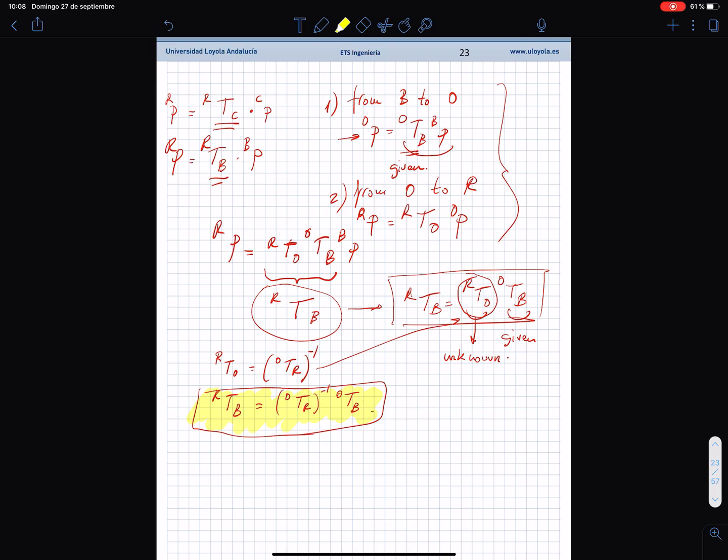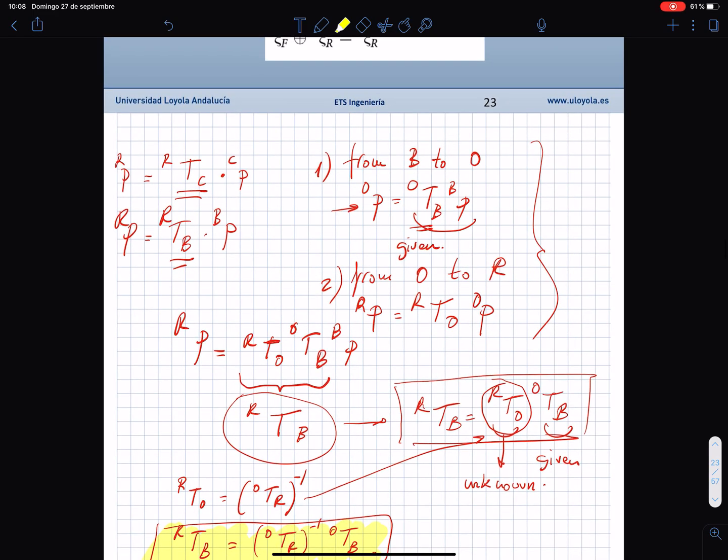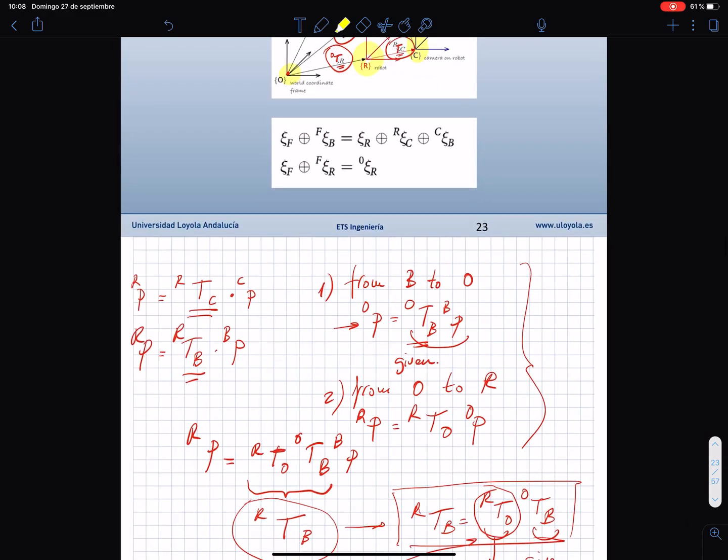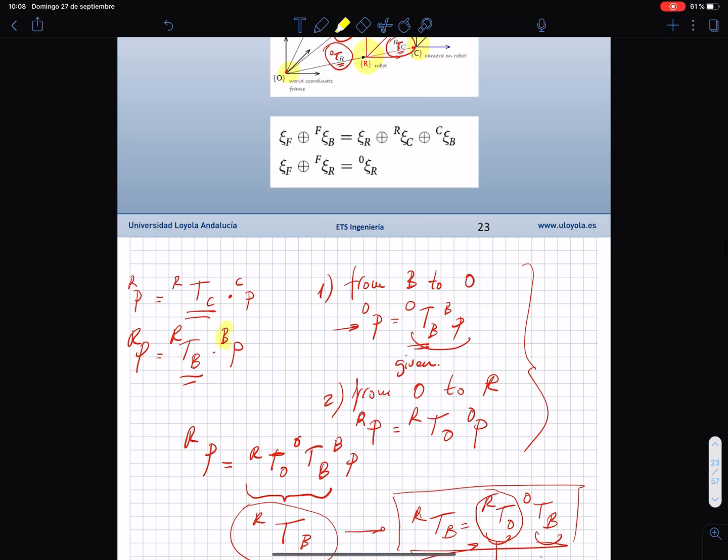Summarizing, we are looking for a matrix that transforms from B to R, okay? Because the question is, what are the homogeneous transforms that change from all those coordinate frames to R? So we are looking for this matrix.